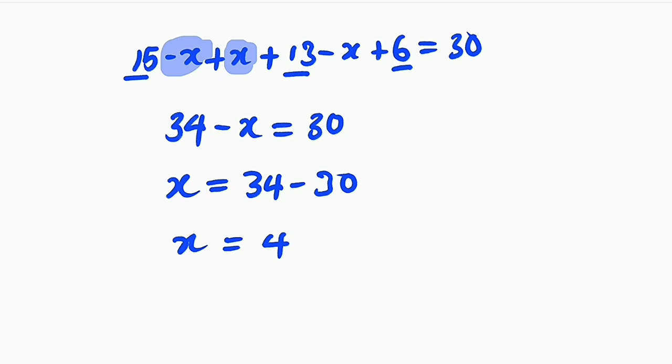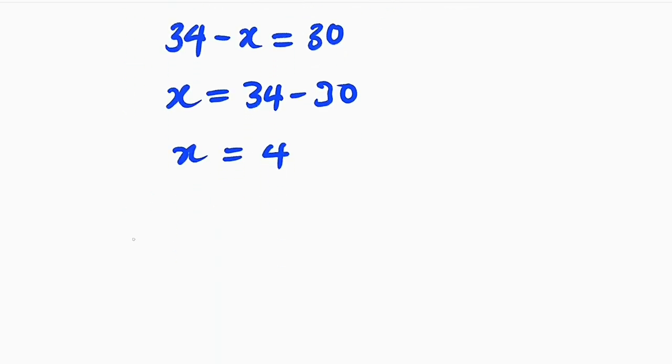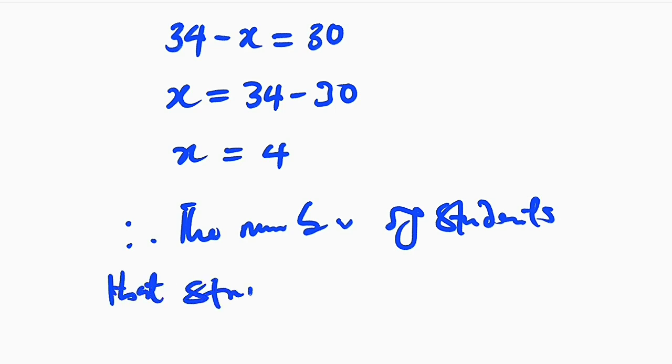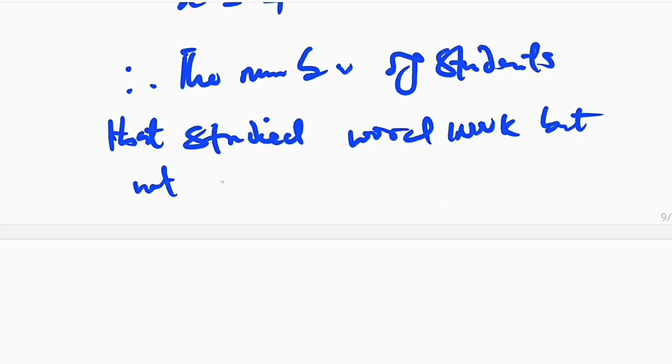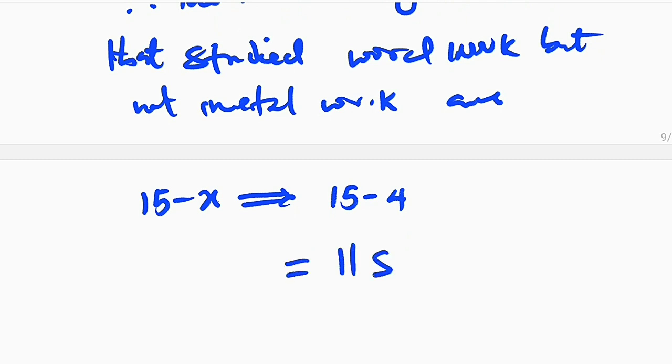Having obtained the value of X equal to 4, we can directly substitute it here, 15 minus X. Therefore, the number of students that studied woodwork but not metalwork is 15 minus X, which is equivalent to 15 minus 4, because X is 4, and this will give us 11 students.